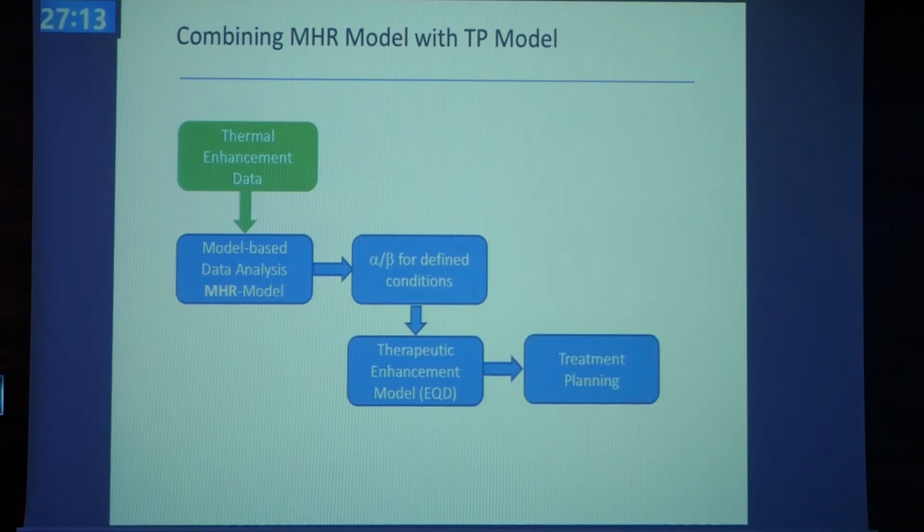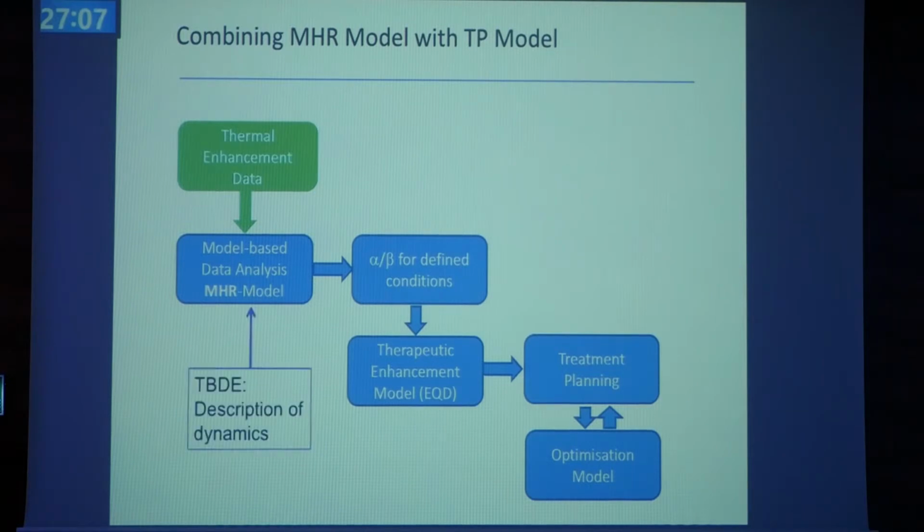This can be used for treatment planning and for optimization of the treatment. Again, the transient biological dose equivalent is aimed at describing the dynamics in the system. For treatment planning, we need a handy concept which allows us to compare treatments. This could be done, for example, by the EQD model from the Amsterdam group.